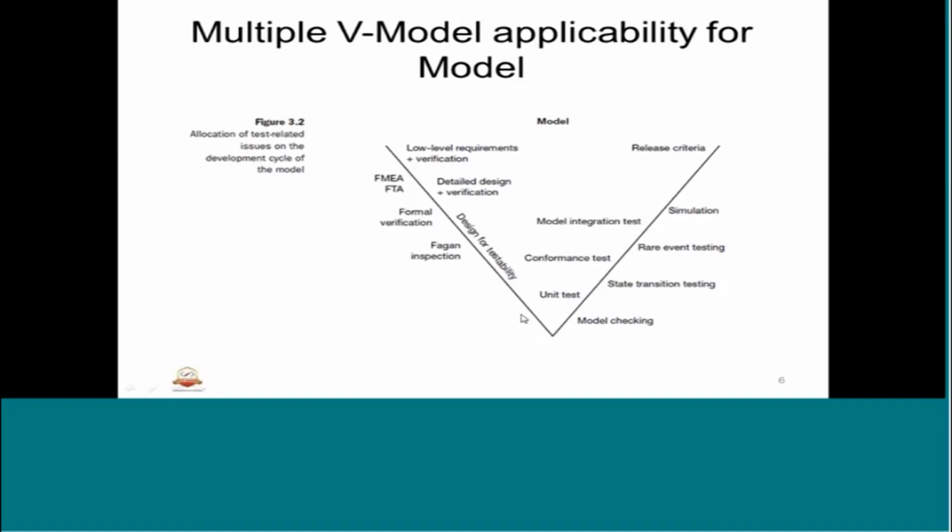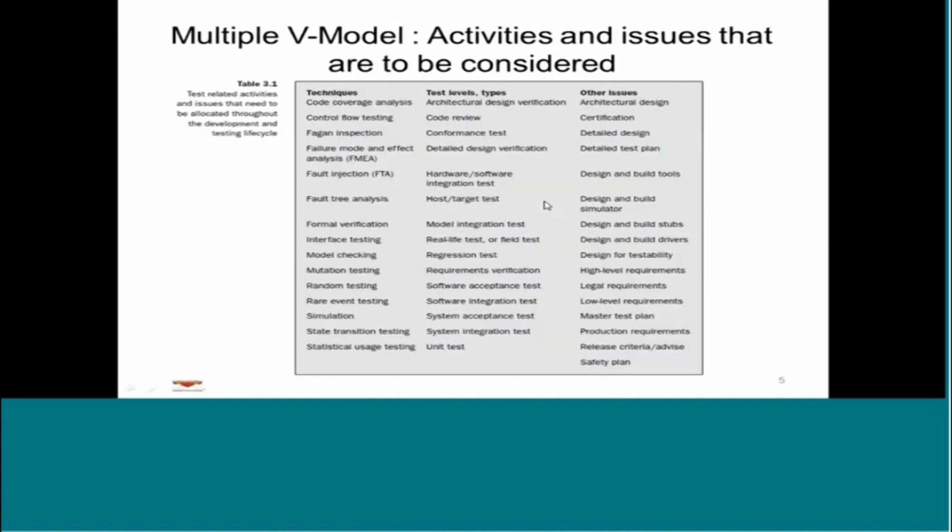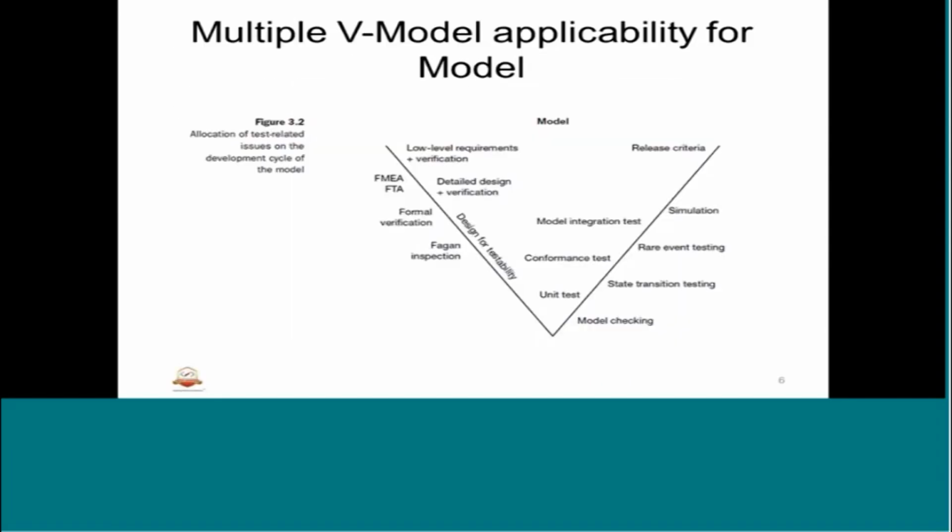So, as I said, the V model is looking like a V shape, and corresponding to these requirements, we have a release criteria, we have integration, model integration, we have a conformance test, we have a unit test. These are some of the selected techniques, test level types, and other issues.